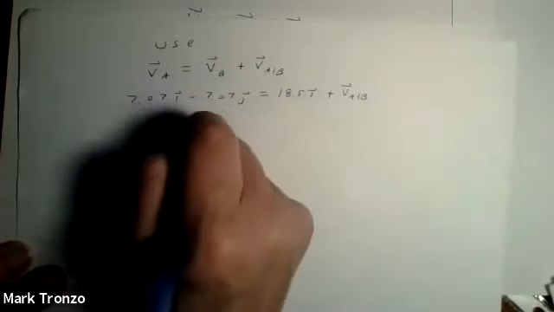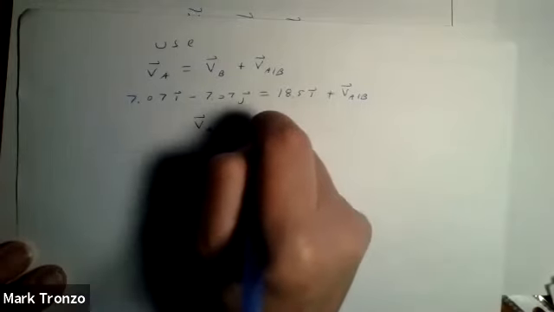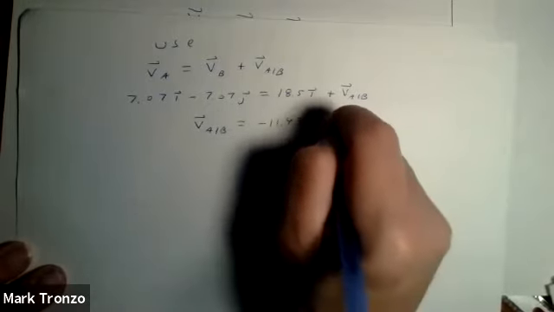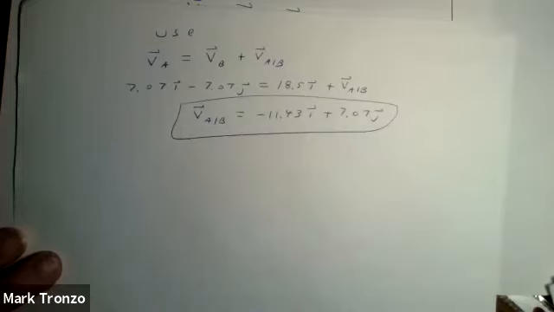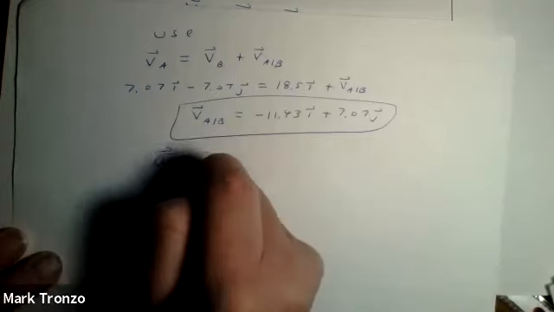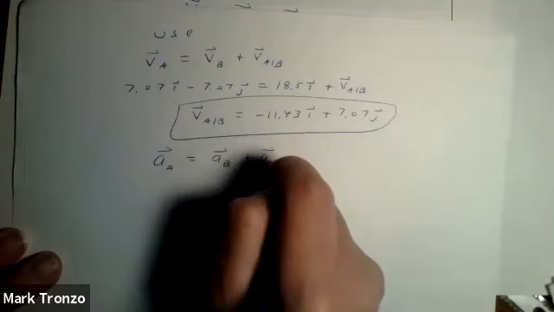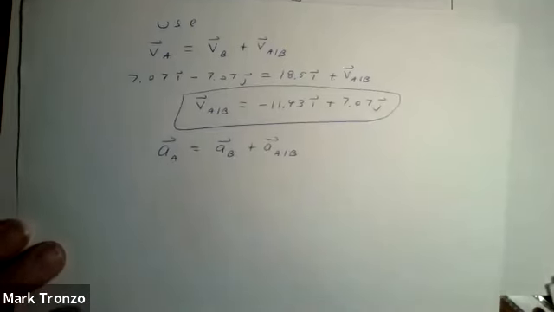And when you solve this, you get VAB equal minus 11.43 I plus 7.07 J. And then there's a same equation for acceleration. It's exactly the same form as the velocity. And just plug in your acceleration stuff.